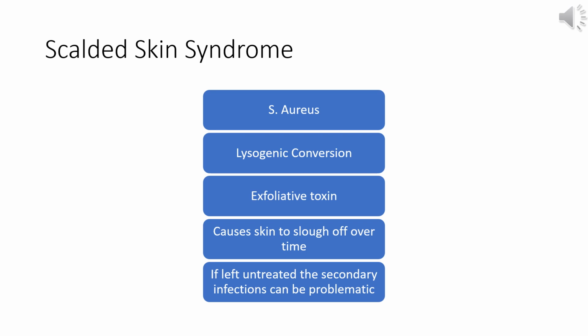That is when the S. aureus will then get onto the baby's skin, and then the lysogenic conversion sets in. That also brings in the exfoliative toxin, and the exfoliative toxin gets on the skin, and the reason the baby can't fight it off is because the immune system has not yet developed.